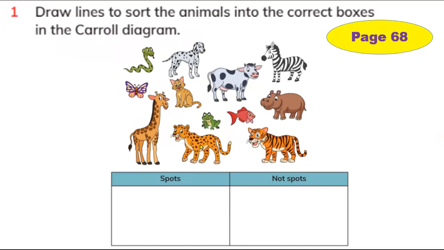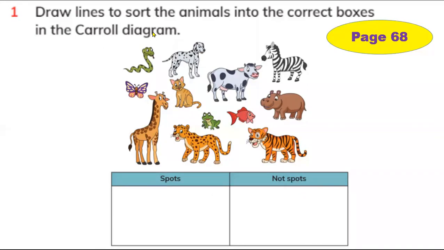Can you see the black spots? We will put the animals with spots in the spots section, and an animal that doesn't have spots, like the tiger, we have to put in not spots, right? So the animals with spots we draw here, and the animals without spots we draw here, right? So I'm going to draw a line to sort the animals.